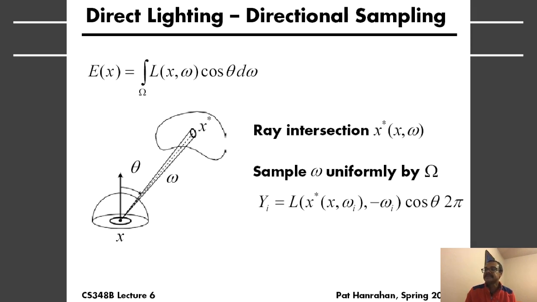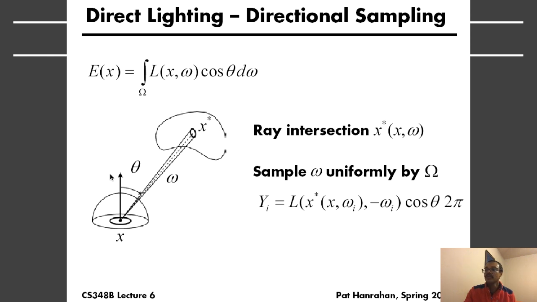Here is a simple example of directional sampling for direct lighting, which is analogous to what you will be doing in your homework. In this case, the irradiance is what we want to find. We are integrating over the lighting and the projected solid angle.